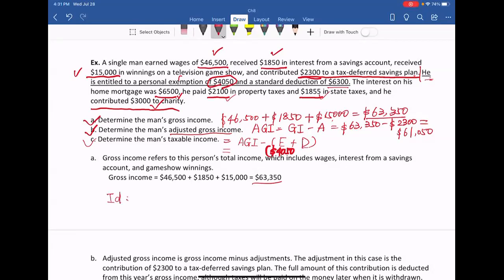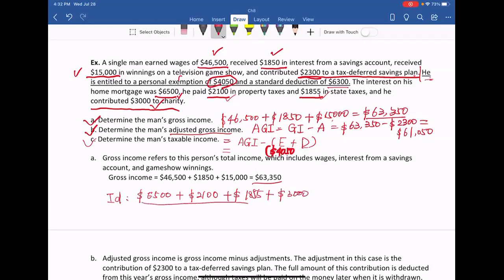That equals, the first amount is 6,500. That's his home mortgage, plus 21,000 plus 1855 plus 3,000.